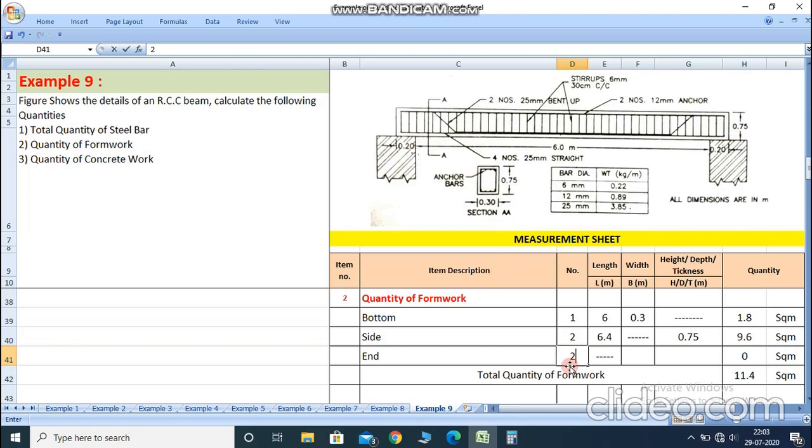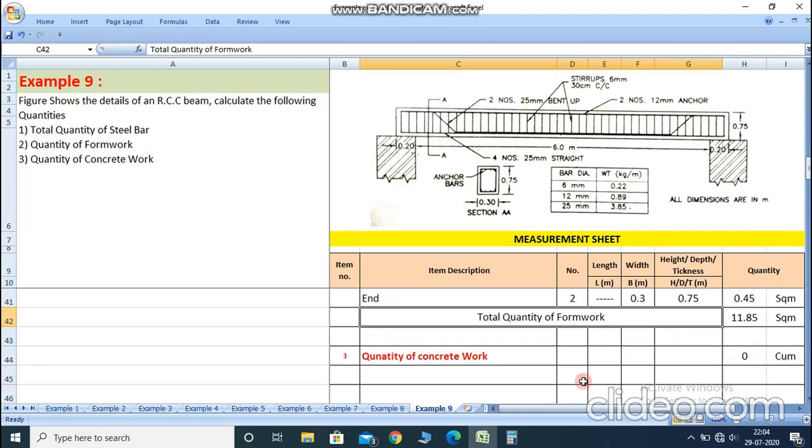So right here we write 2, and the width is 0.3, already given in the section, so right here 0.3, and the height given is 0.75. So the total quantity of the end formwork is 0.45 square meter. So the summation of 1.8, 9.6 and 0.45 is equal to 11.85 square meter, the total quantity of the formwork.